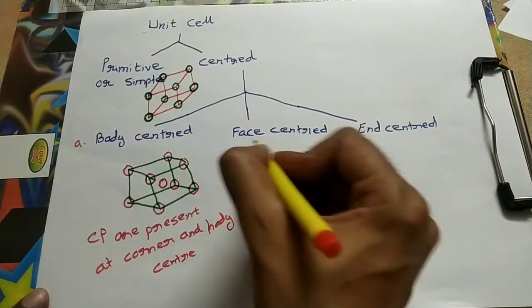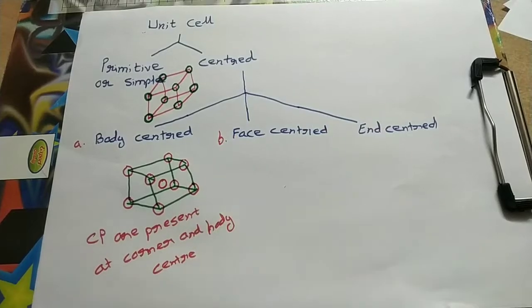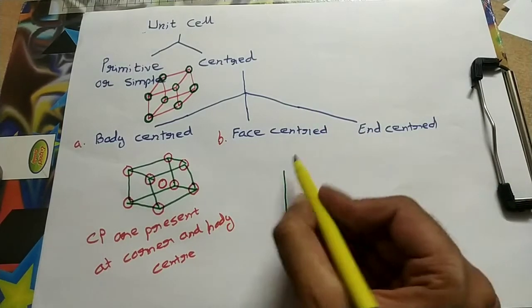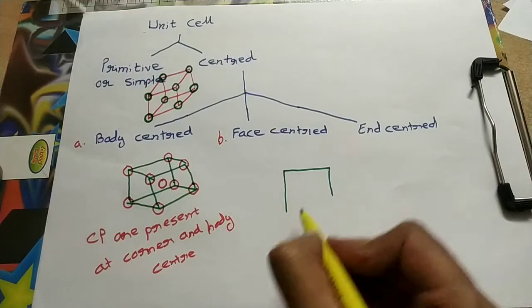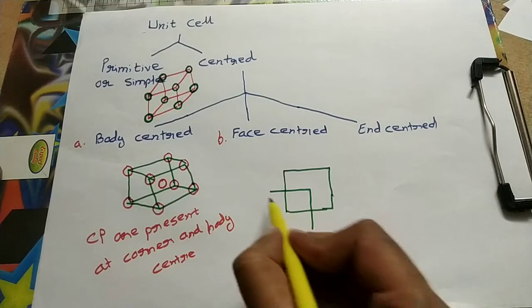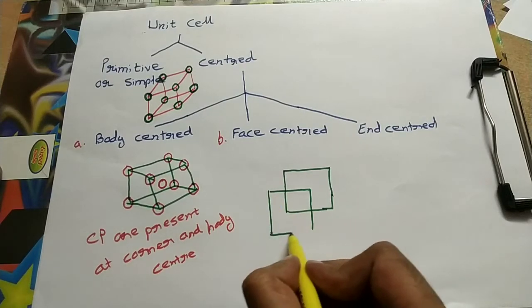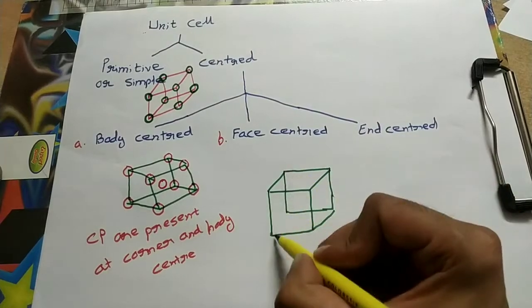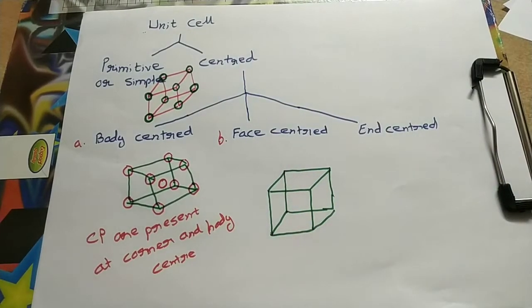In a face-centered unit cell, constituent particles occupy all the corners of the cube. Along with the corners, constituent particles also occupy the centers of the faces. How many faces does a cube have? 6.